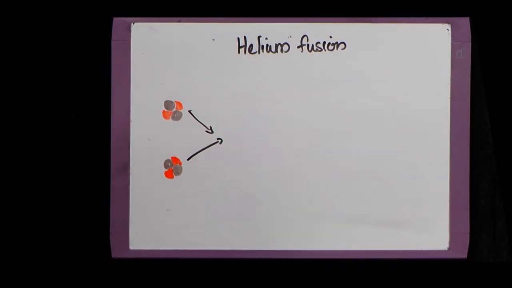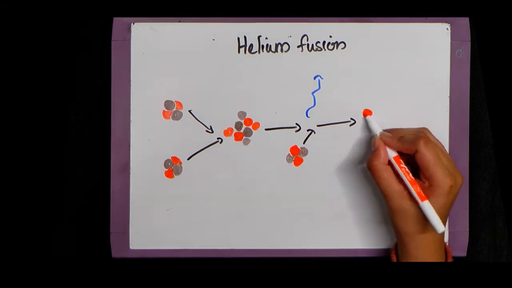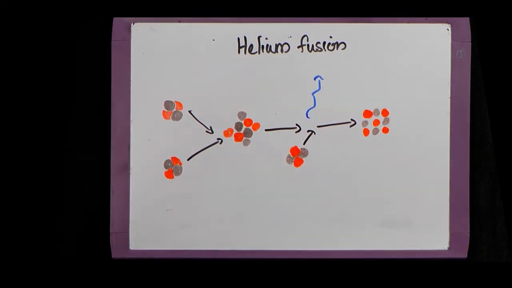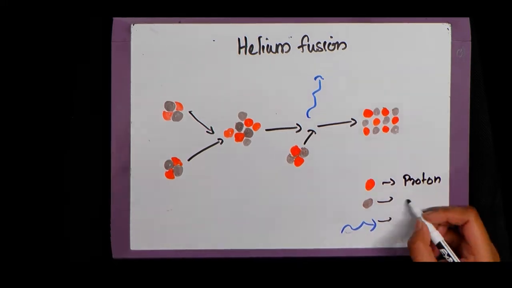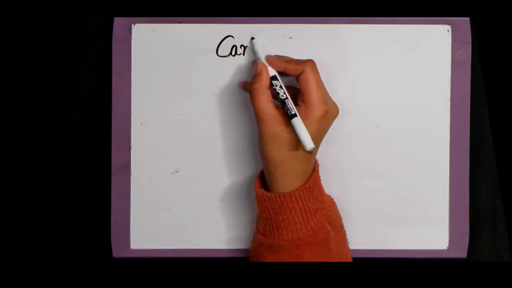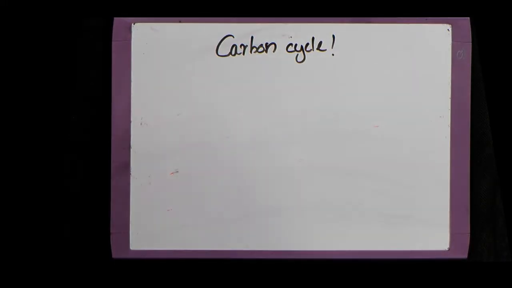Two of the alpha particles fuse to leave us with a helium nucleus and a beryllium-8. These two fuse together to form carbon-12. In carbon cycle fusion, particles fuse to form carbon-12, like previously. When this carbon-12 fuses with a proton, it results in nitrogen-13.